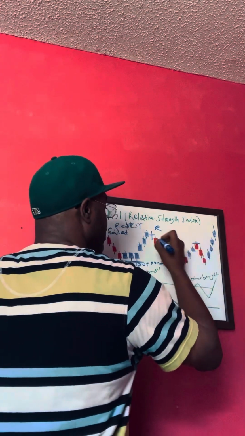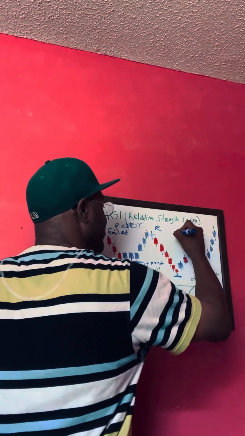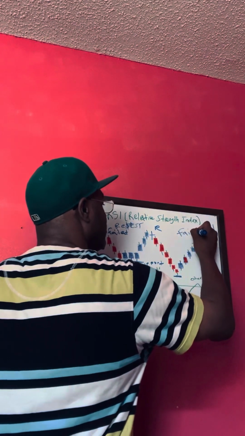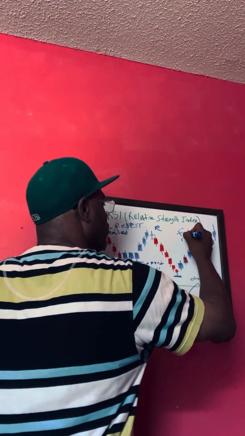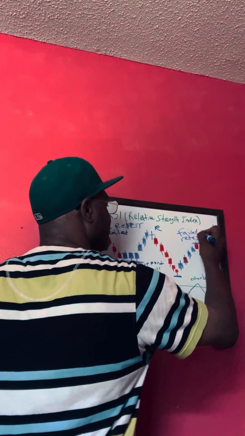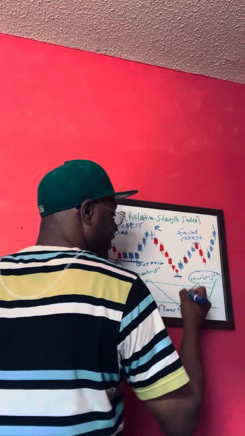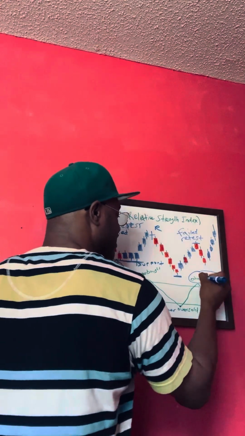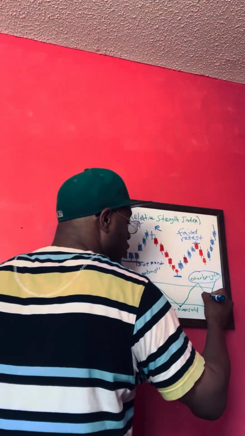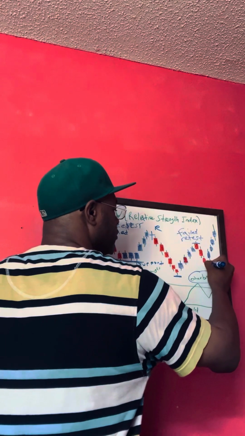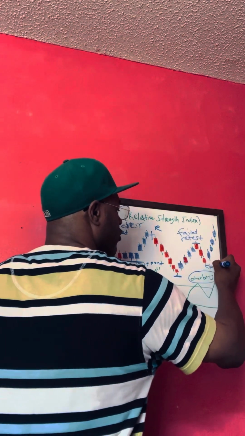It went up. Created another failed retest. So it's another failed retest, all right? Boom. And in addition to that, it created another overbought condition. So what happened? It failed, created a pullback. So it's a pullback.